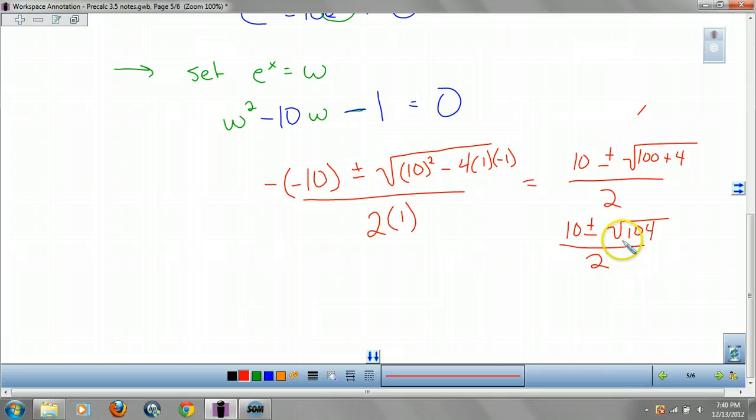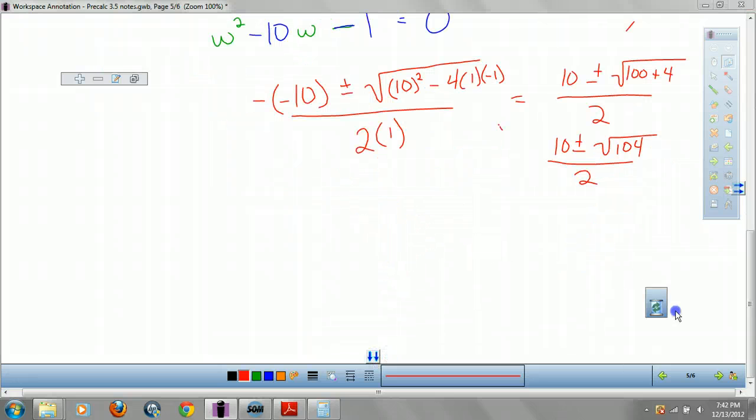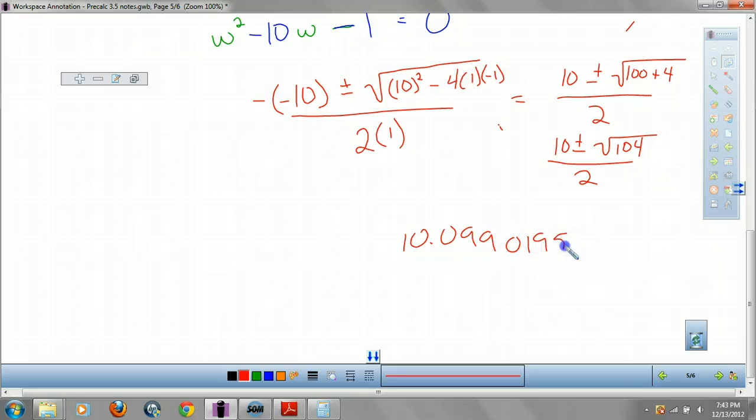And I might grab my handy dandy calculator, so hold on. Alright guys, I'm gonna be honest. I just use my graphing calculator sitting next to me. I'm not gonna try to use that computer one anymore. It just gives me grief. So you can take my word that I do this on the calculator, and you get 10.09909195 and negative 0.0990195136.